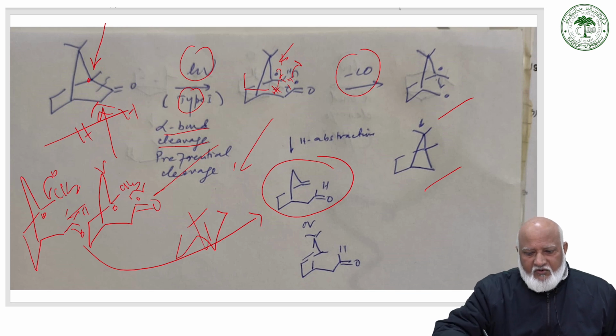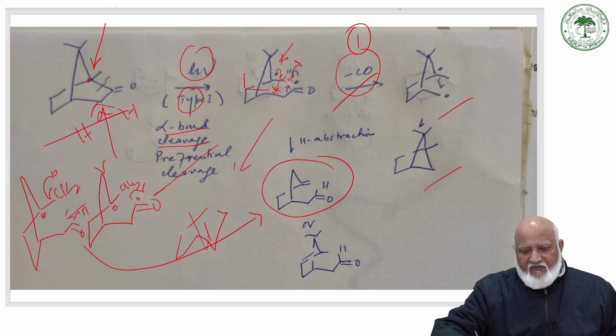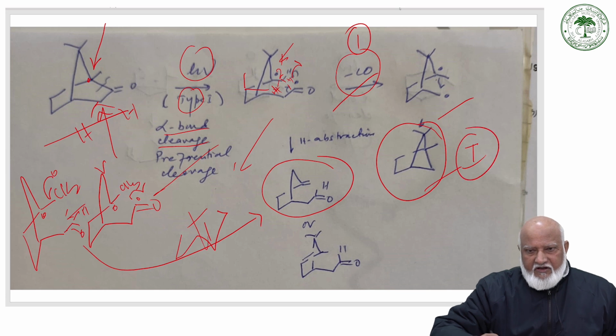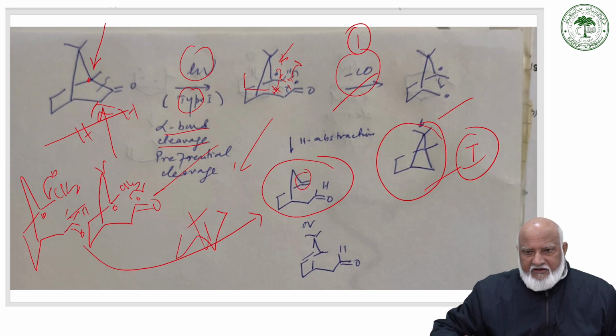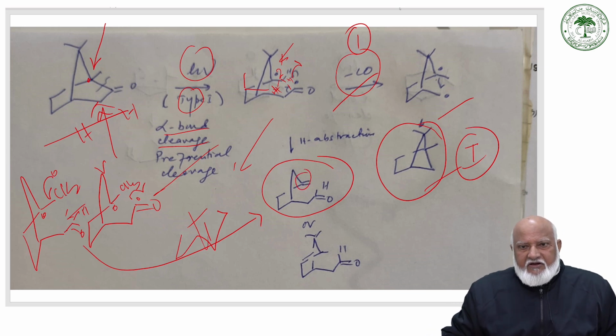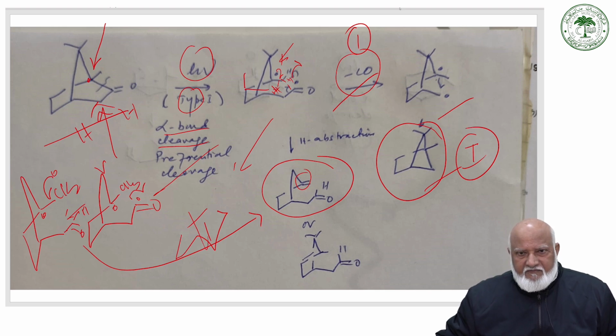This radical will undergo decarbonylation to give a diradical species that will combine to give one of the products here. Another product observed is from abstraction of a hydrogen atom from the adjacent methyl group by this acyl radical to generate CH2 dot, which then combines to form a double bond. So aldehydic compounds are also reported in this photoreaction.